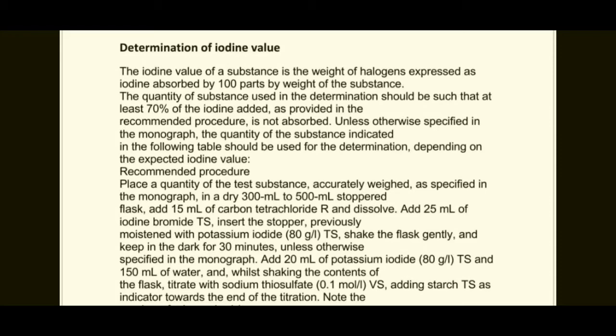Add 25 ml of iodine bromide and insert the stopper previously moistened with potassium iodide (80 grams per liter) TS.